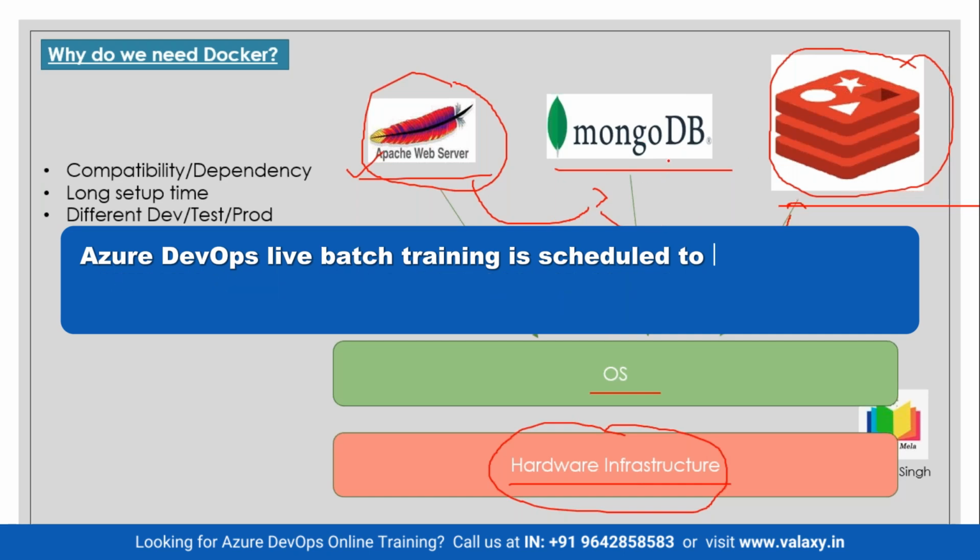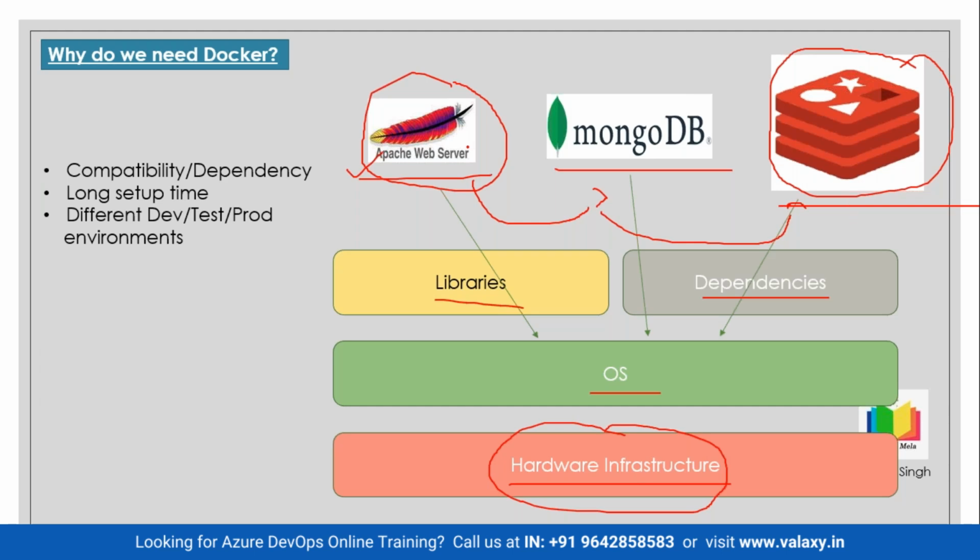Now if MongoDB is getting upgraded, other services get impacted, because they are sharing the same drive, the same libraries, the same dependencies. Because of this we get compatibility and dependency issues.